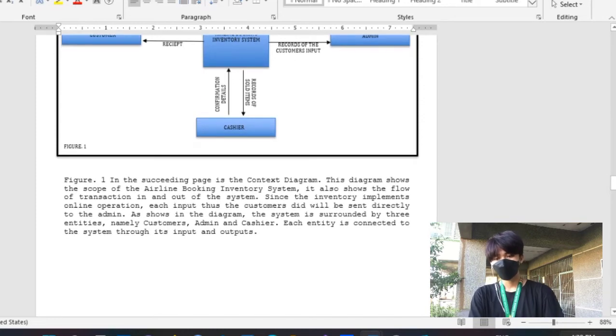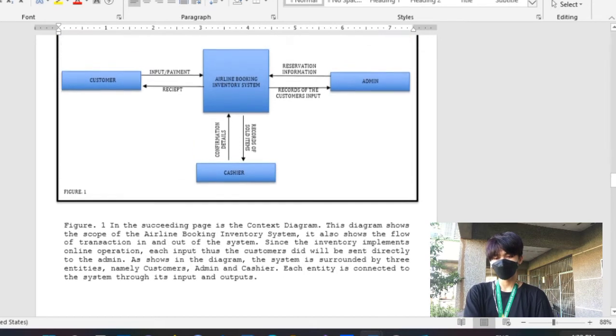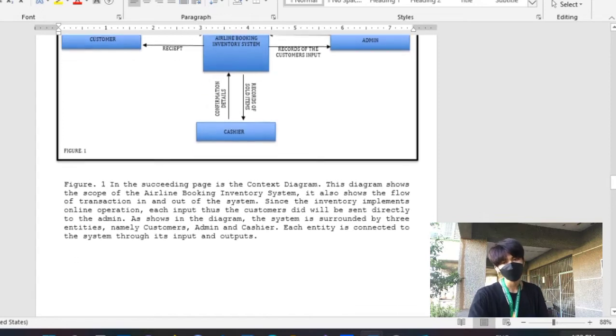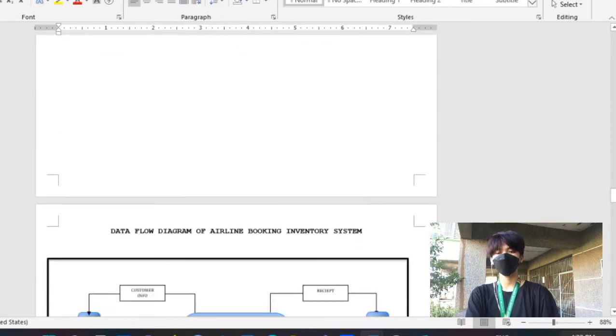Since this inventory implements online operation, each input that the customers make will be sent directly to the admin. As shown in the diagram, the system is surrounded by three entities, namely the customer, the cashier, and the admin. Each entity is connected to the system through its input and output.